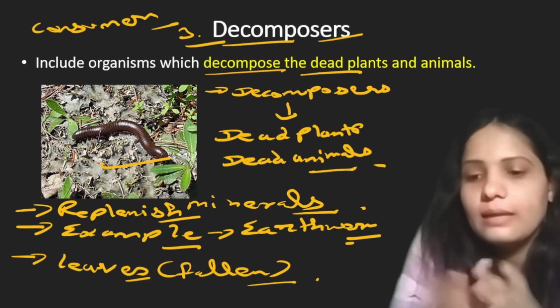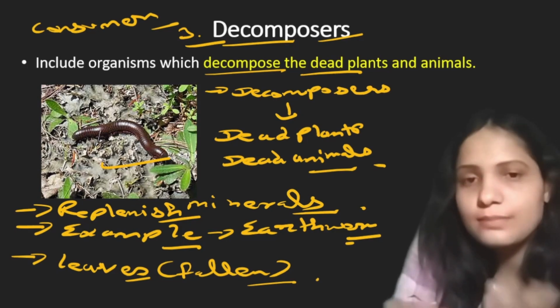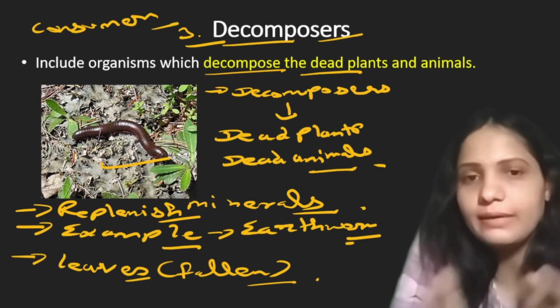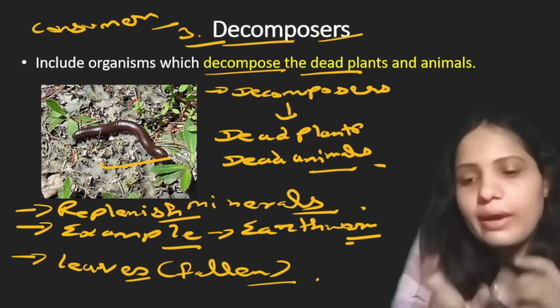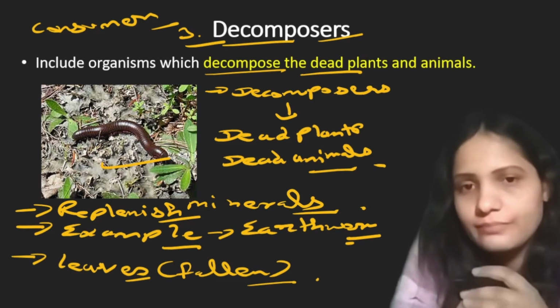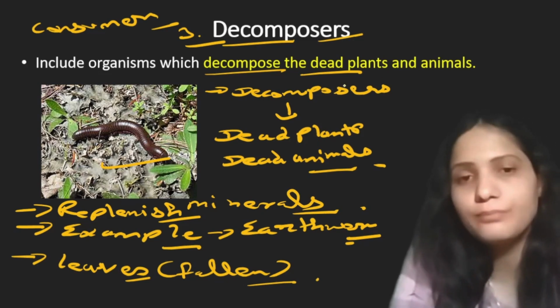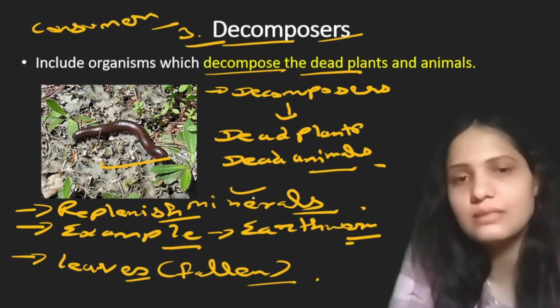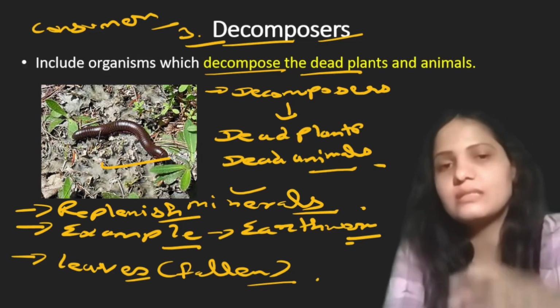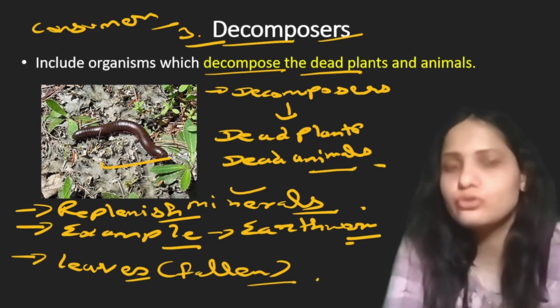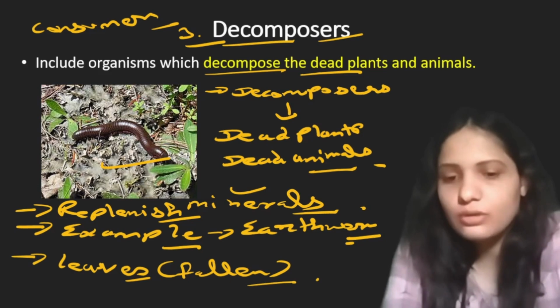This process of giving back minerals to the soil is known as replenishment. So now you know the function of decomposers: they send back minerals to the soil and then those minerals are taken up by the plants from the soil.